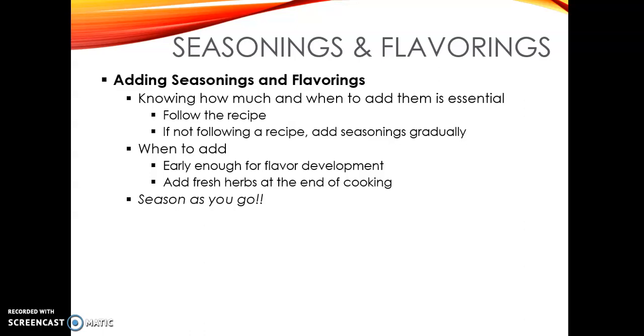When I add my wet ingredients, I add seasoning. When I add my meat, I've seasoned that previously. And it really makes a difference in the development of the flavor. And then another thing you can do is add fresh herbs at the end, and that really brightens up the dish. Or a squirt of lemon or lime, a little drizzle of vinegar, that really can make a fatty dish taste a lot brighter.